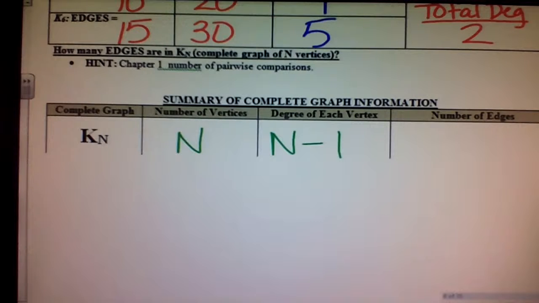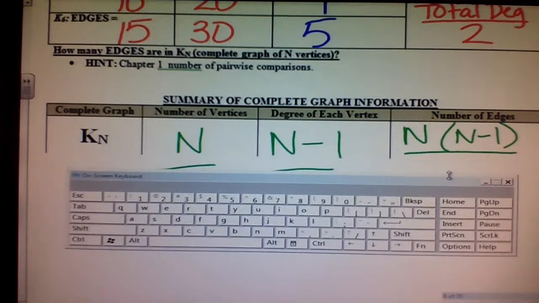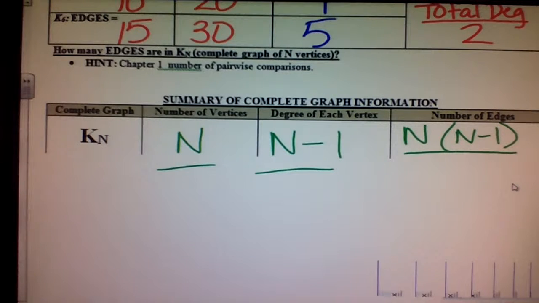So technically I would take n minus 1, because again, N represents your vertices. To get your edges, you would take your vertices times your degree and divide by 2.